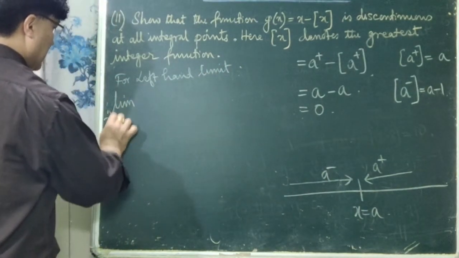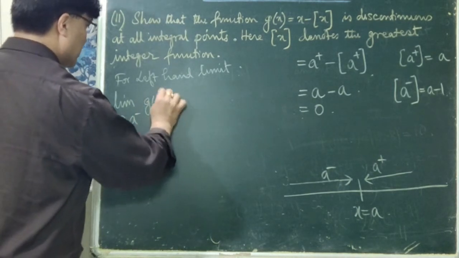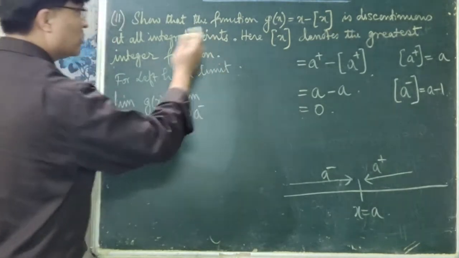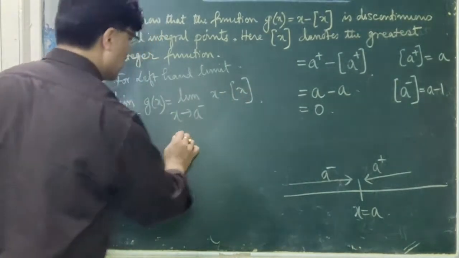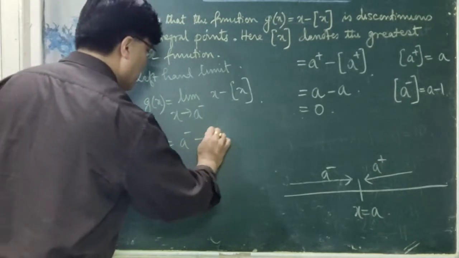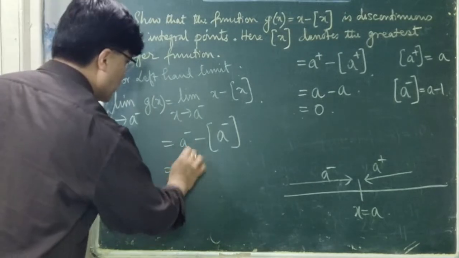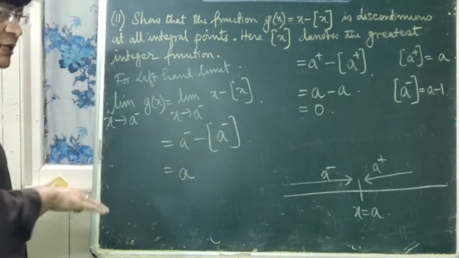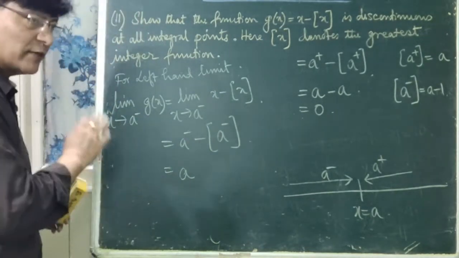Limit x tends to a minus g of x, which is equal to limit x tends to a minus of the same function, that is x minus within mod x. Instead of x you write a minus, minus within third bracket a minus. Here a minus means a, because x is approaching towards a from the left hand side only, and you can take x is equal to a in this case for the first term.